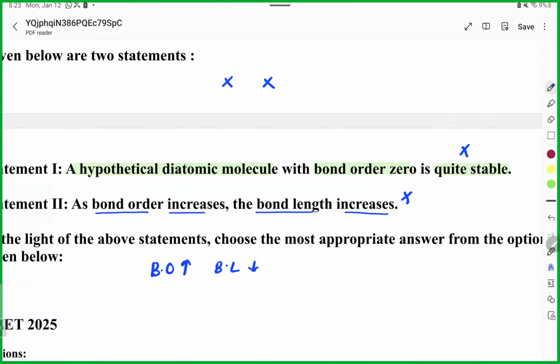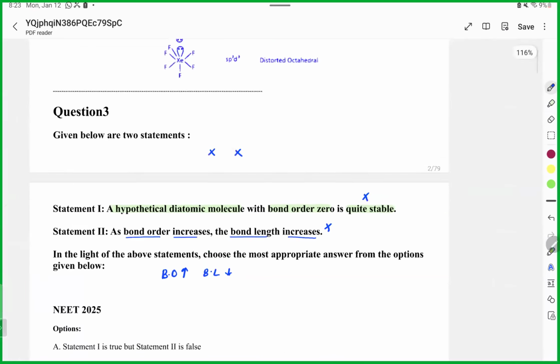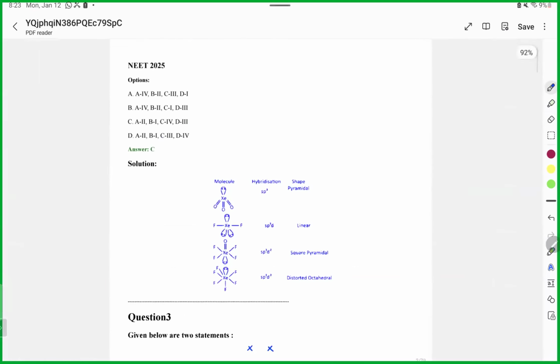So now, do you think in NEET 2025, at least chemistry was not difficult? Yes, sir. You did 3 questions. Tell me, was any of the questions difficult? No, sir. If people are not able to do this, the only thing we can say is they didn't prepare well.